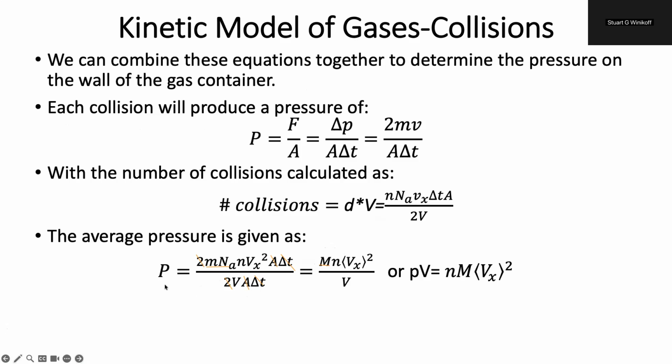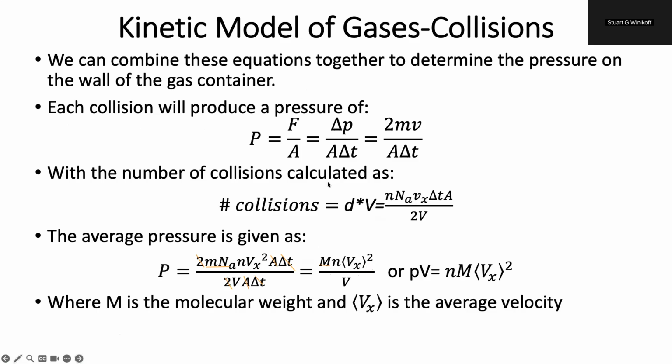So what we have is the pressure is going to be related to the weight of the gas times the moles of the gas present over volume, and then this average velocity squared. Now, if we rewrite this, where again the big M is the molecular weight, and this Vx is the average velocity.